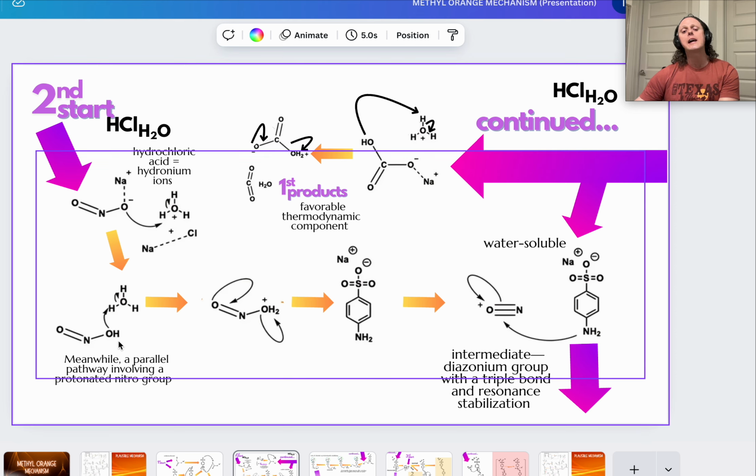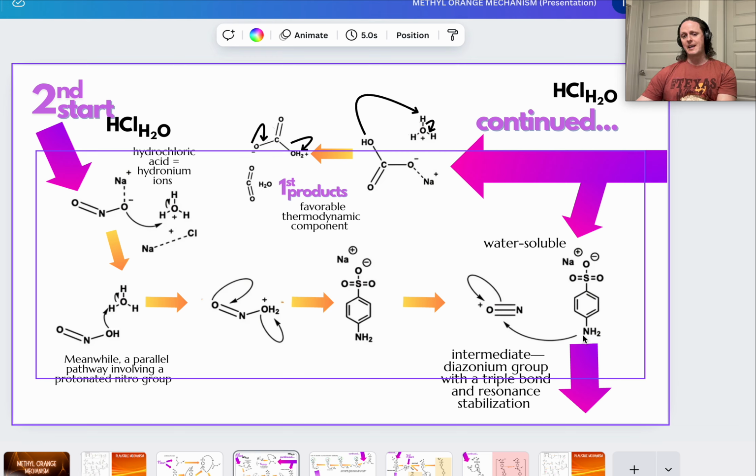So this very unreactive nitro, it forms water, it synthesizes water, and with the electron density shifting down, it forms a triple bonded, resonance stable intermediate that's ready to go over into a diazonium ion once it gets attacked by the mildly mediocre nucleophile, which is this amine here at the bottom.